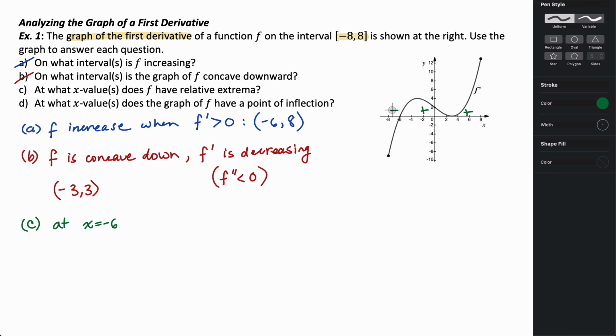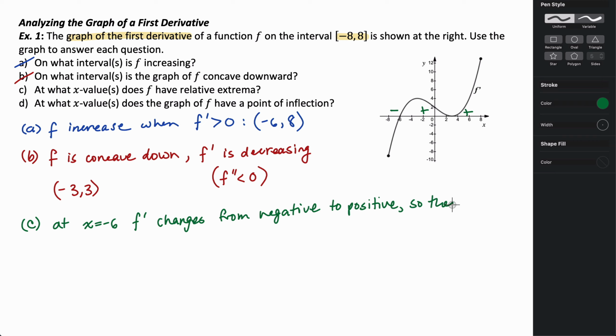And remember, when the sign of the derivative changes from negative to positive, that tells us we have a relative minimum. So at x equals -6, f prime changes from negative to positive.